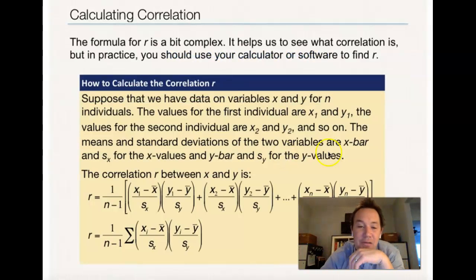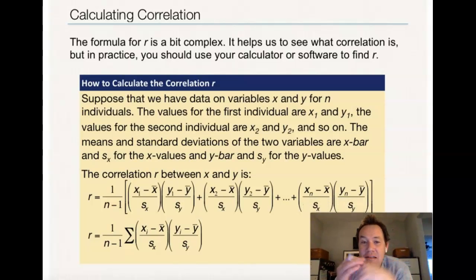All right, here is the formula to compute that R value by hand. So the values of the individual data are x1, x2, and so on. And you can see what you're doing is basically computing a z-score, because we're subtracting the mean and dividing by the standard deviation for each individual piece of data for your explanatory variable.